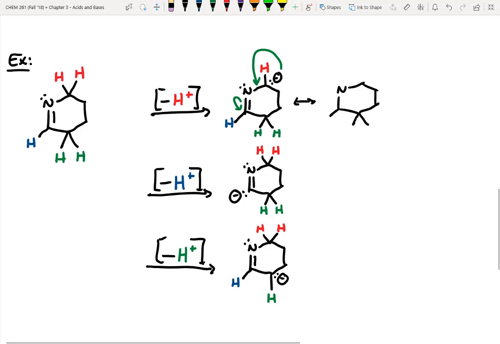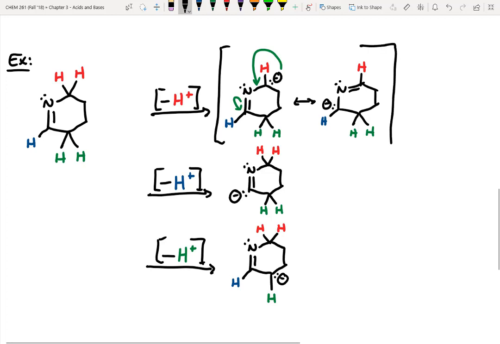Oops, no more pi bond, excuse me. So we still have this red proton right here. We still have 2 green protons. We still have this blue proton, but now the negative charge is located over there. Are there any other resonance structures? I don't see any. So we'll go ahead and close this off with brackets.